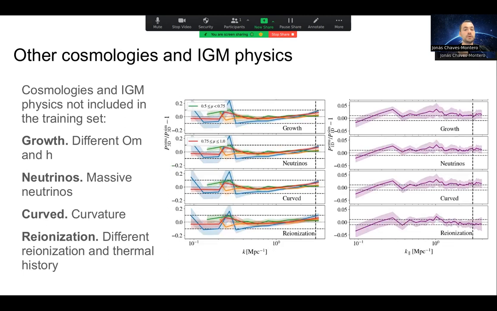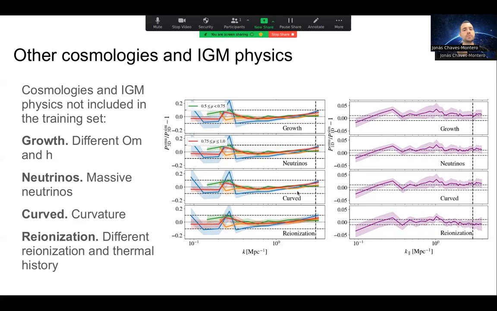And as I said before, the emulator also works for other cosmologies that are not in the training set. For example, this simulation that we are showing here uses a different value of omega matter and the Hubble parameter, and the precision is the same. This simulation has massive neutrinos, I think 0.3 electron volts, so already ruled out by the data.